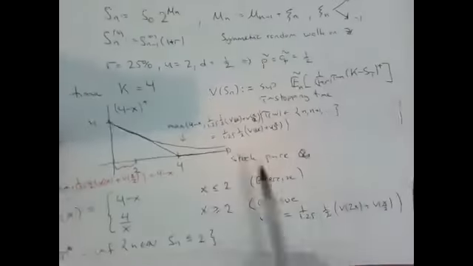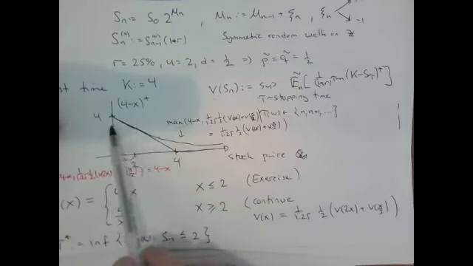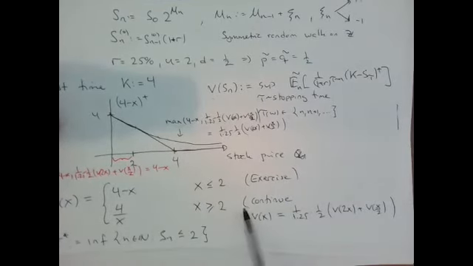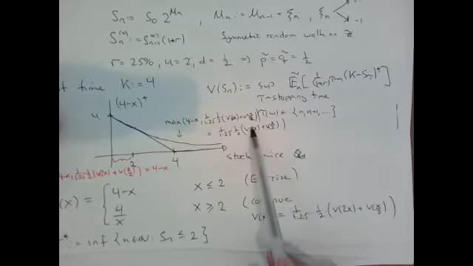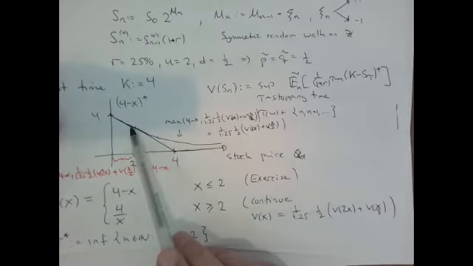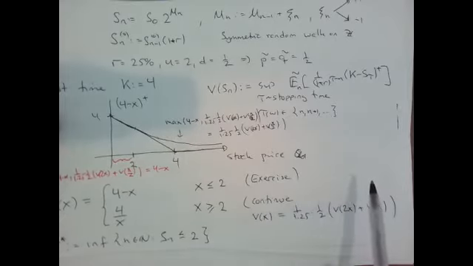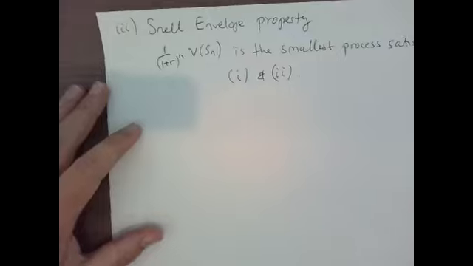We talked about last time that there are many functions that satisfy that function is equal to the max between this quantity and then this 4 minus x. This one here is the smallest such function. Okay, so let's see that.